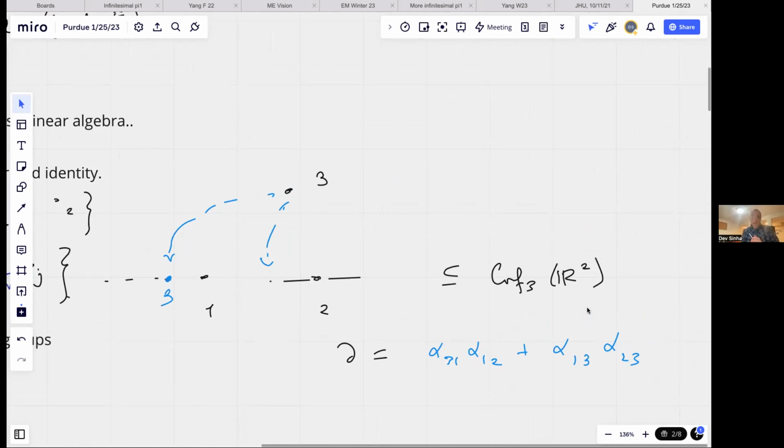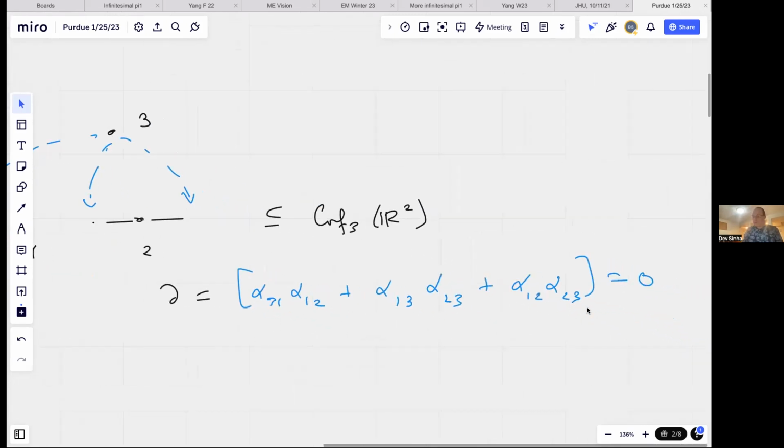And so if I have alpha 3,1 meaning point 3 is to the left of point 1, and alpha 1,2 meaning point 1 is to the left of point 2, then their product, if that's transverse, is configurations where 3 is to the left of 1 is to the left of 2. And if I look at the boundary, it comes in 3 different pieces. And that means that this product in cohomology is 0. That's the Arnold identity.